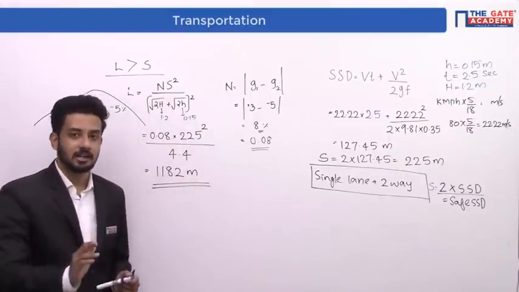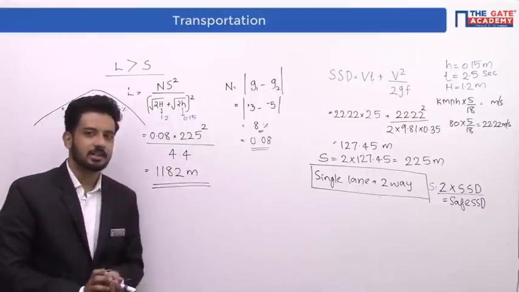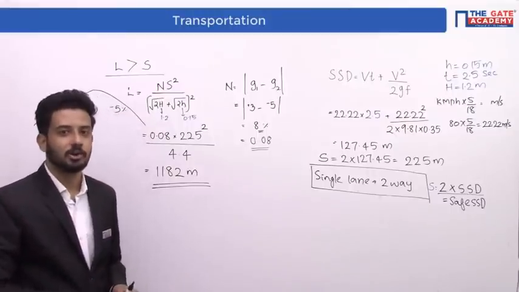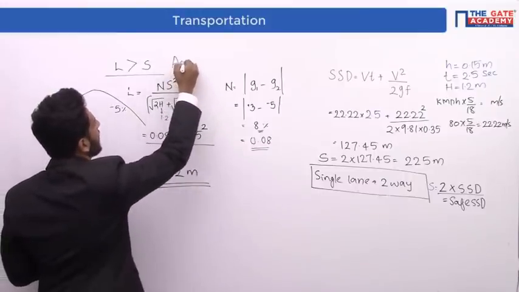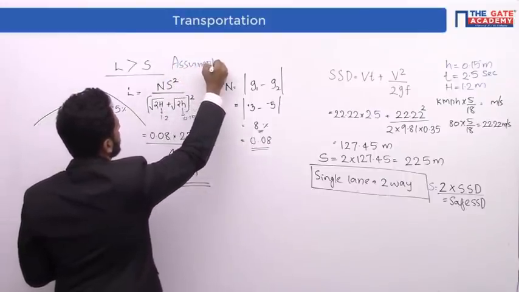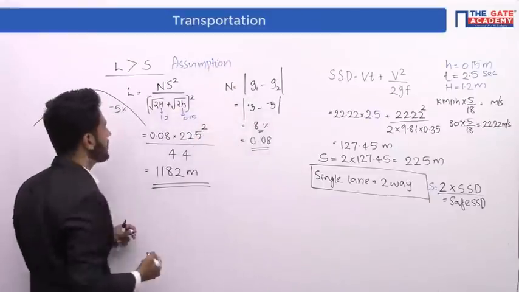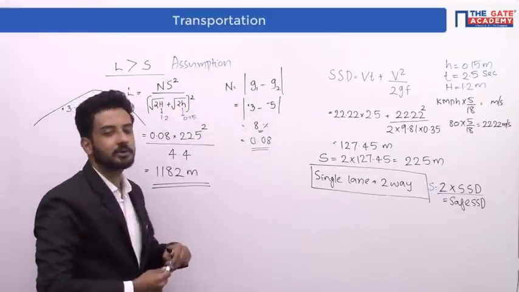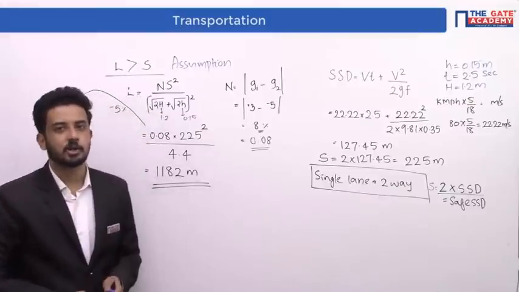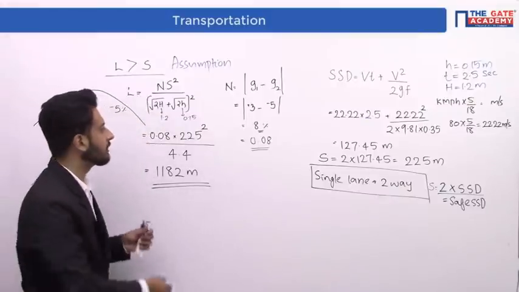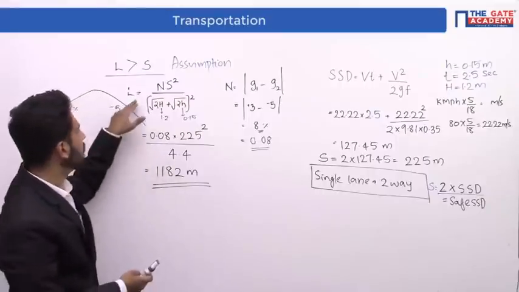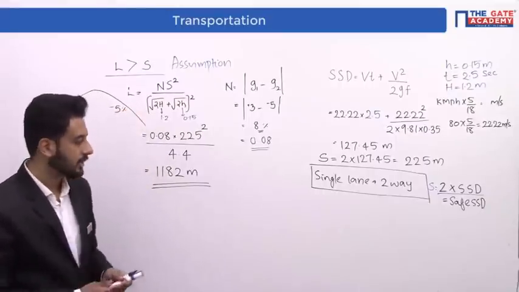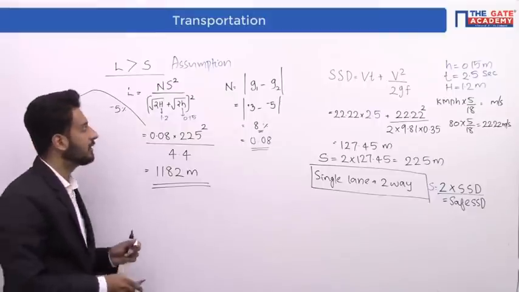But here also the procedure has not ended. What we have to check? See, initially we have made an assumption, correct? So what was that assumption? Our length of curve is greater than the stopping sight distance, correct? Based on that assumption only, I have proceeded with this equation, correct? So now what I have to do?